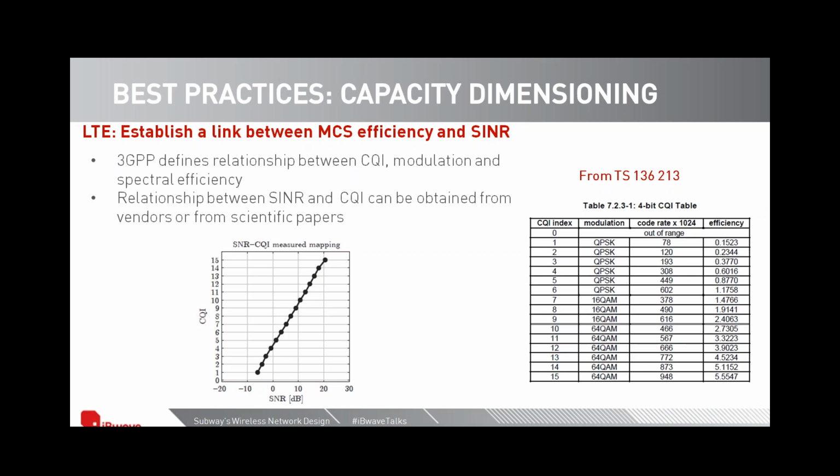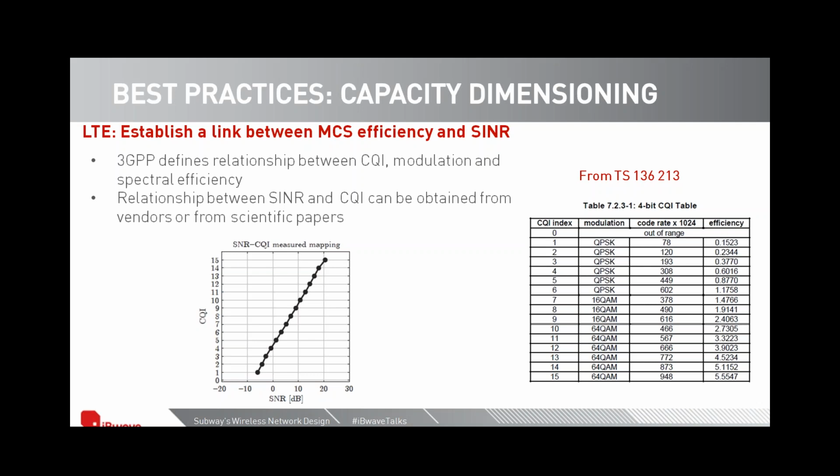There you see the CQI index, which goes from 1 to 15, modulation types from QPSK to 64 QAM, and efficiency, which goes from very low, 0.15, to 5.55, in bits per second per hertz.